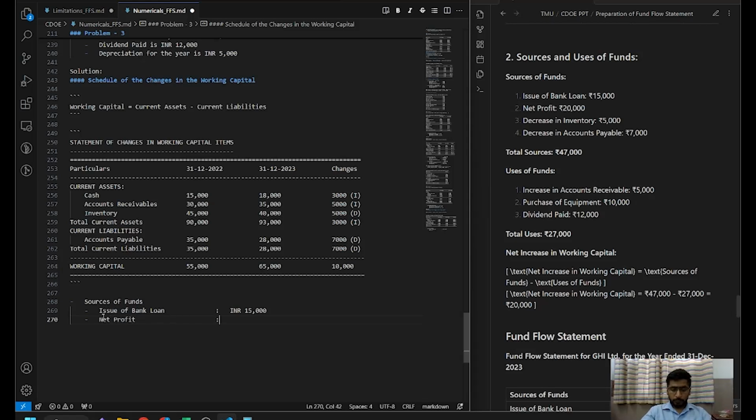Net profit is INR 20,000. Decrease in inventory is 5,000, and decrease in accounts payable is rupees 7,000.